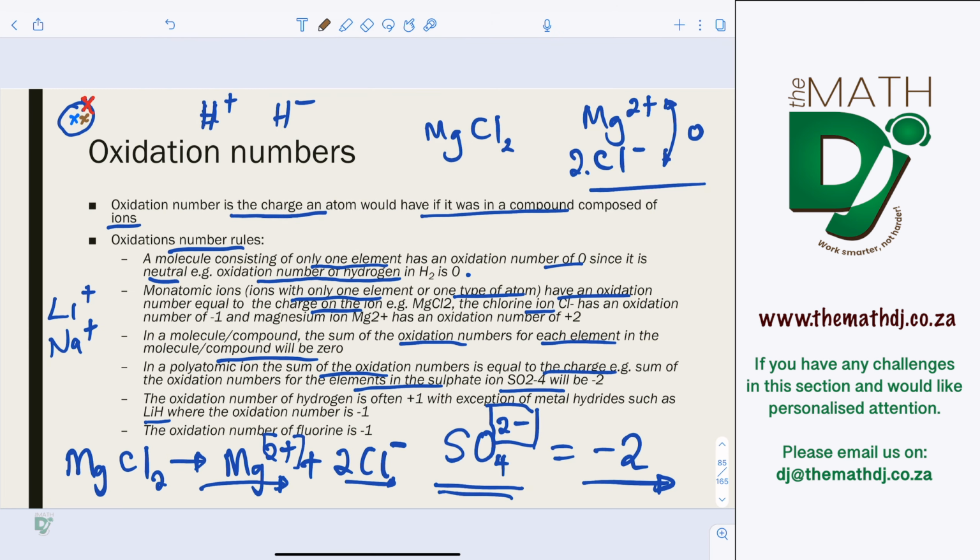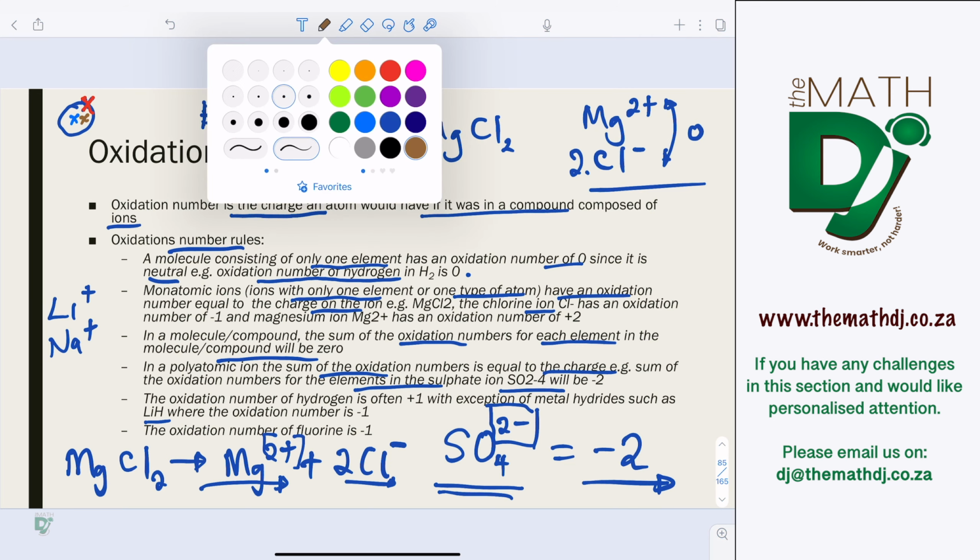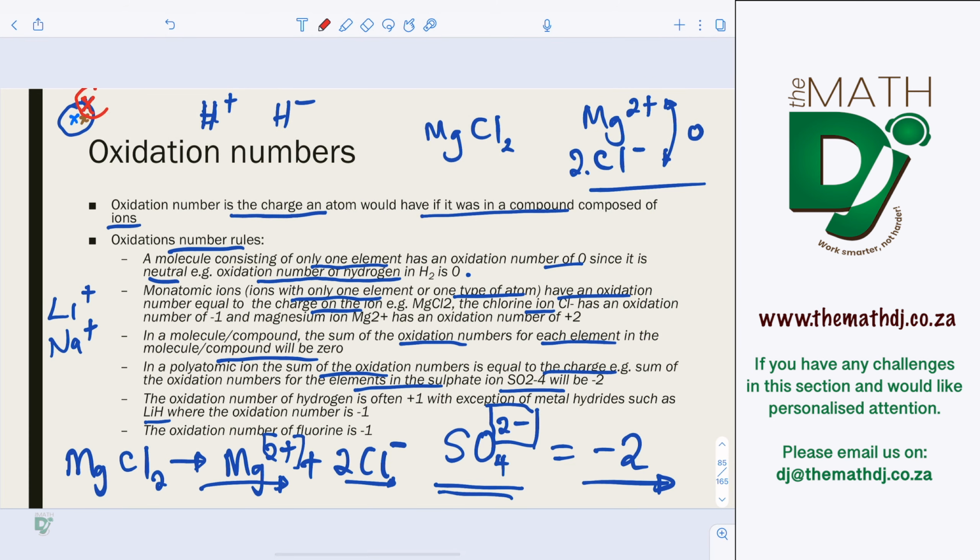When this electron is lost, maybe it goes into another atom, it means there's only one proton left, and a proton has got a positive charge. Because the electron which used to be there is no longer there, it no longer cancels the charge at the nucleus. That's why it becomes positive.